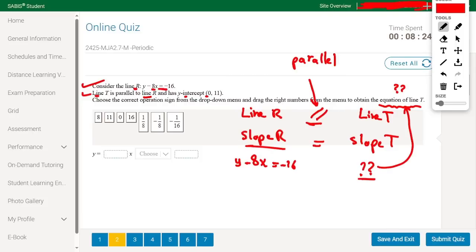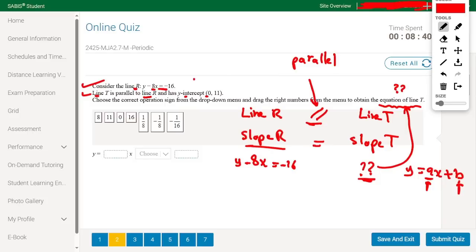Now to get the equation of line T, it has to be in the form y equal to ax plus b. A is the slope, and b we can get if the line is passing through a point.